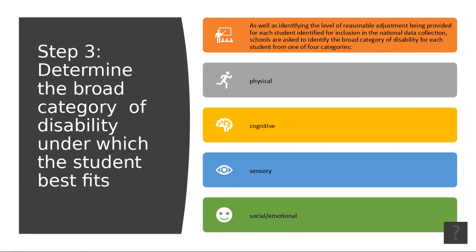You're not going to completely divorce the level of support from the category of disability. But what does happen at step 3 is that when you've gone through your list of all the supports you're offering and all the levels that you're offering it at, you now need to identify the broad category of disability under which the student best fits.